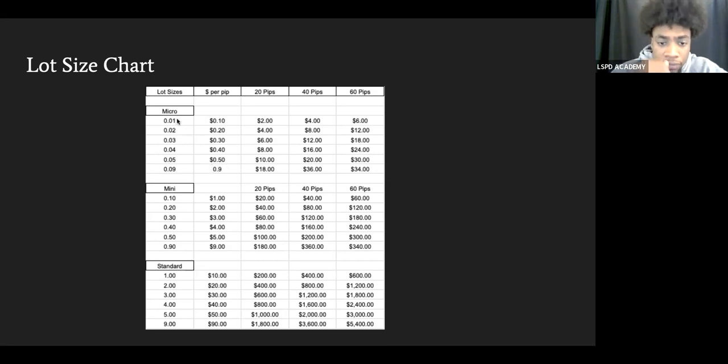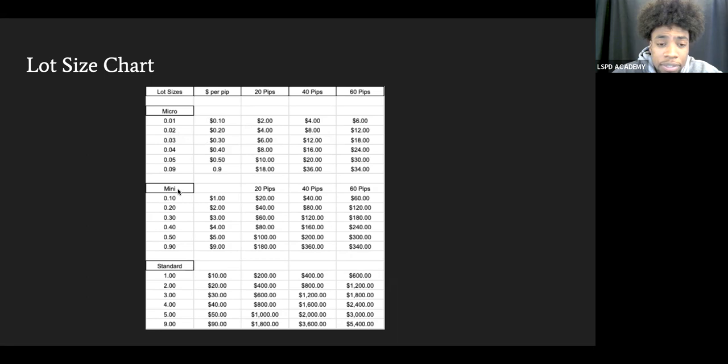This is just in reference to the levels you can take things to, and how simplified things can be with the right risk management plan and a trading plan in itself. We see for 20 pips with a 0.02, my bad, we see we've got a 0.02 here, 20 pips makes us $4, 40 pips makes us $8, 60 pips makes us $12.